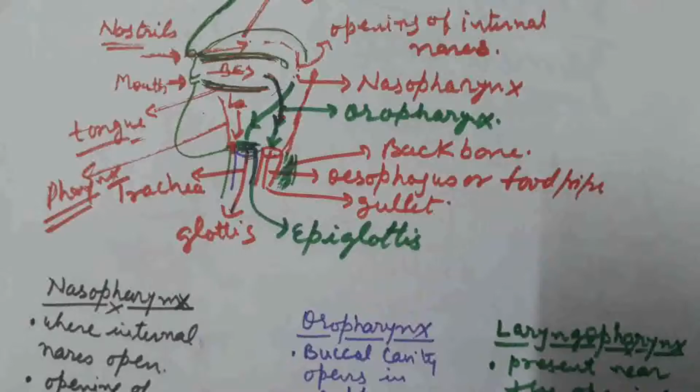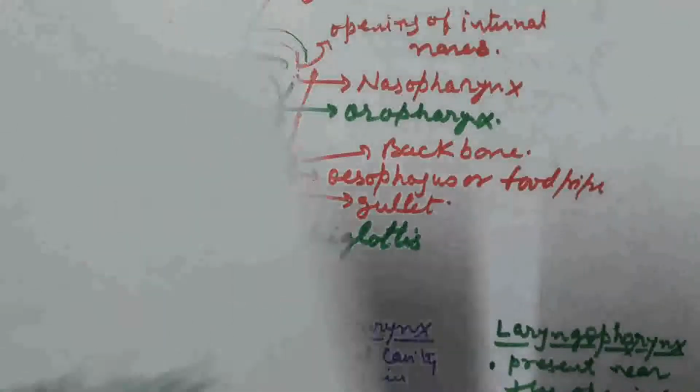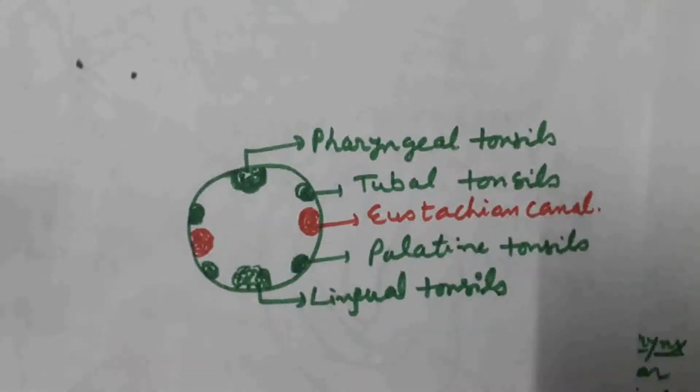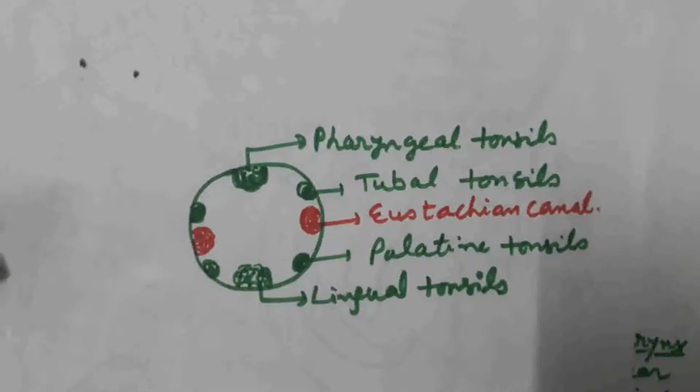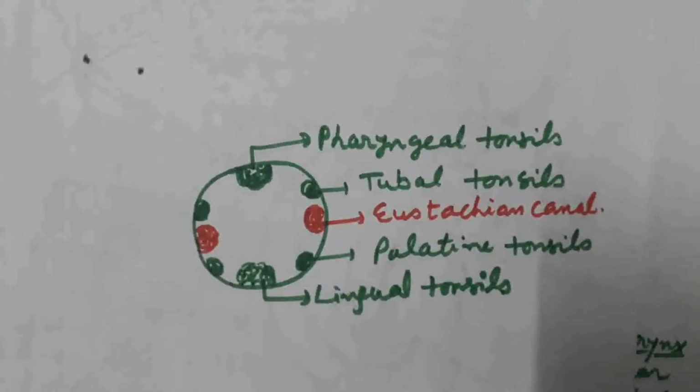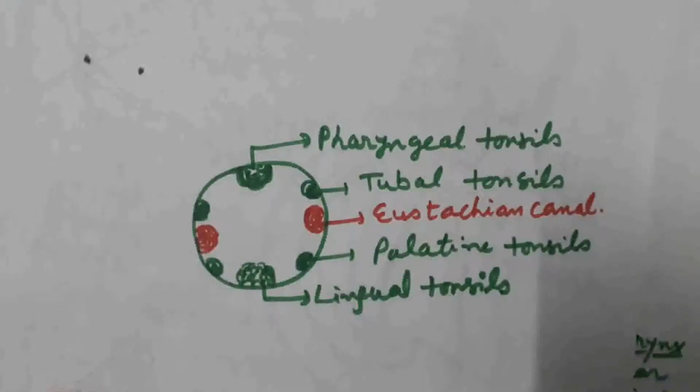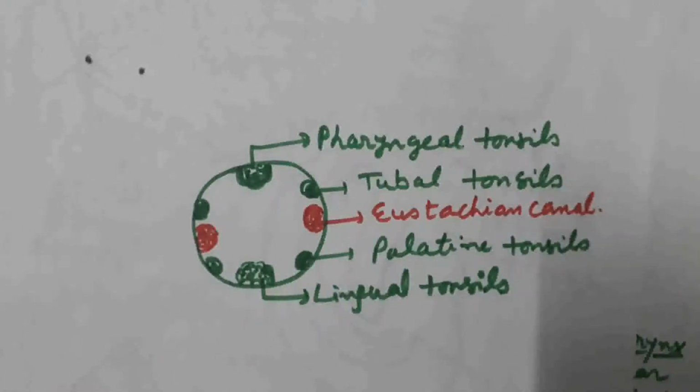There are some lymphoid organs present. If we cut or take a section from the pharynx region, these tonsils are clearly visible with the help of a diagram. This is the diagram, that is the section of the pharynx, showing all the tonsils present at the posterior end of the tongue, which leads to pharynx.